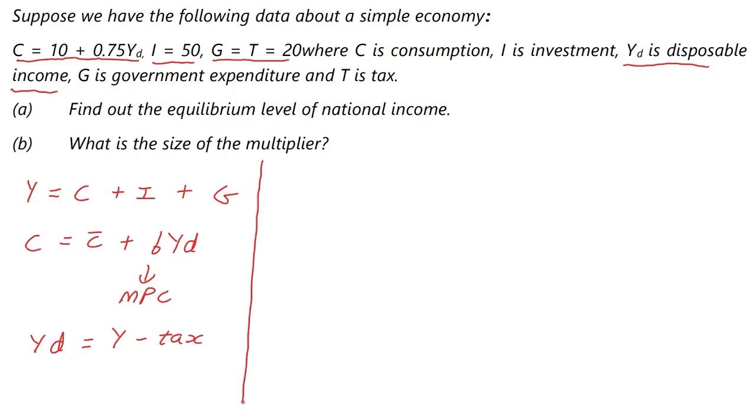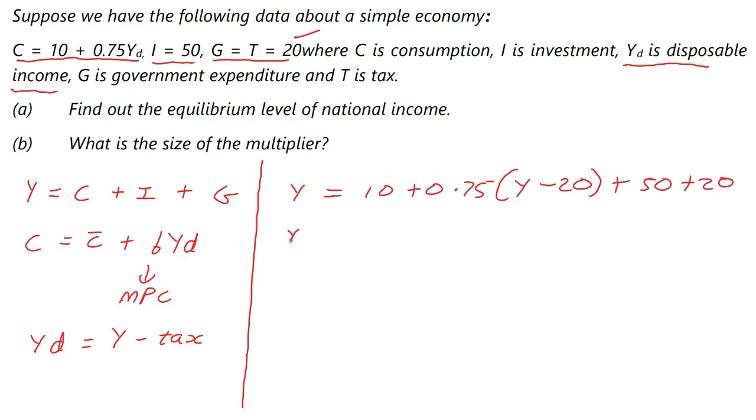So keeping all of that in mind, if I have to calculate the equilibrium level of income, it is Y is equal to C. I can substitute what I have here, so it's going to be 10 plus 0.75, and then it is YD, but YD I know is equal to Y minus tax. So in brackets, I can write Y minus the tax, which is 20, plus I, which is 50, plus G, which is 20.